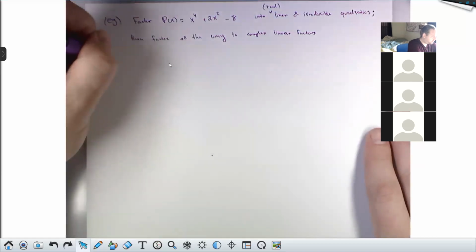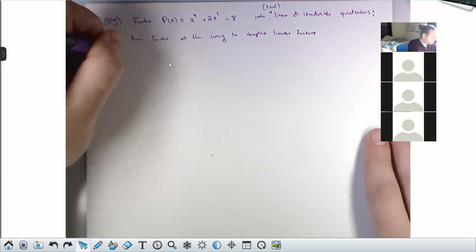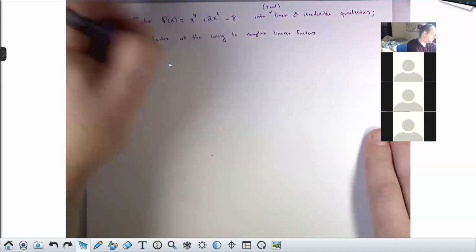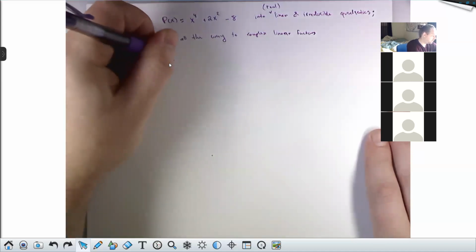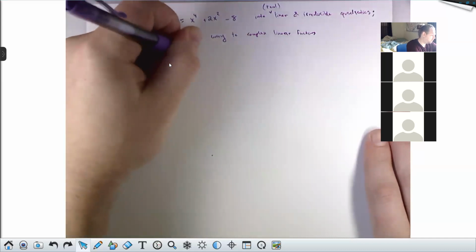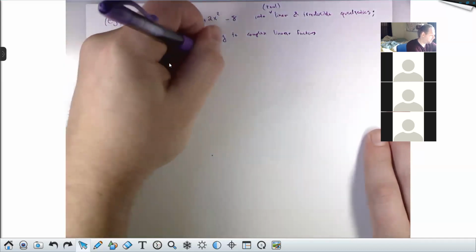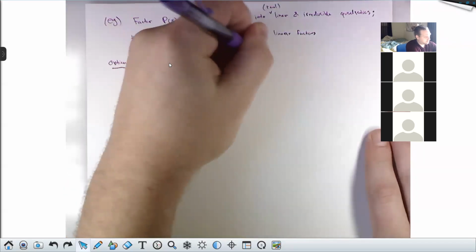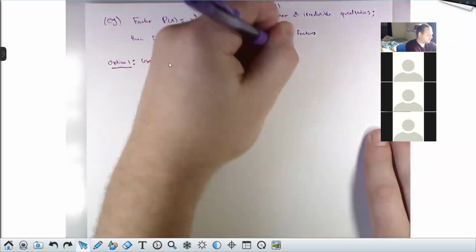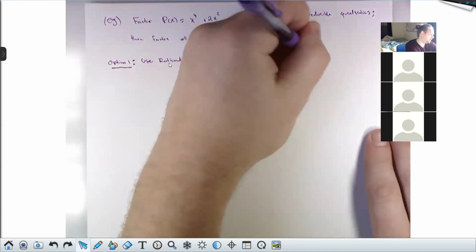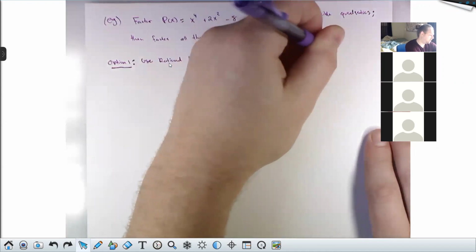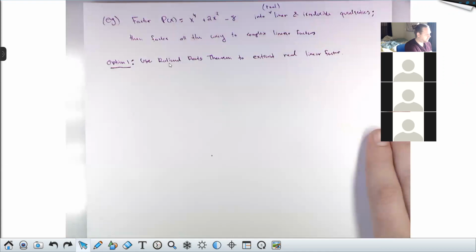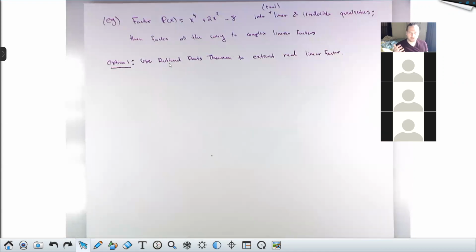So option 1. Use the rational roots theorem to get started, to extract a real linear factor. And then we'd have a cubic left over, and we'd have to keep charging down that road.